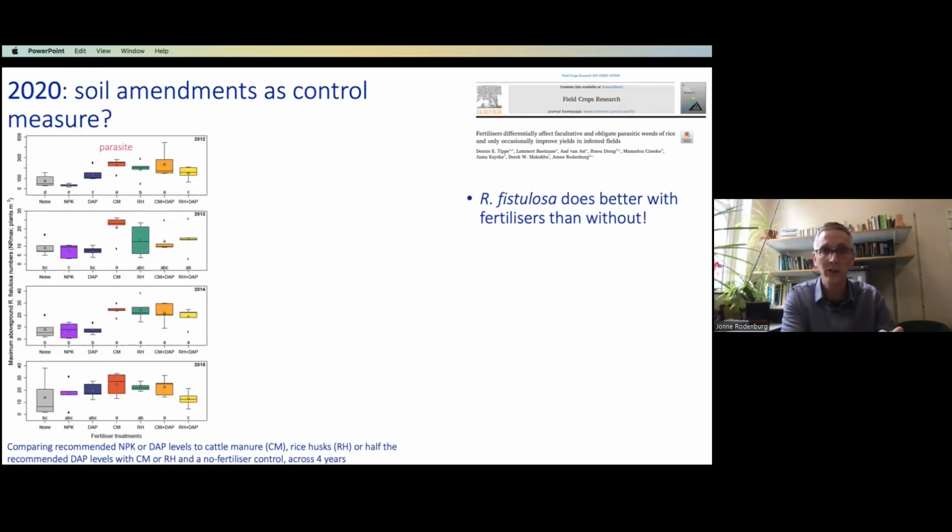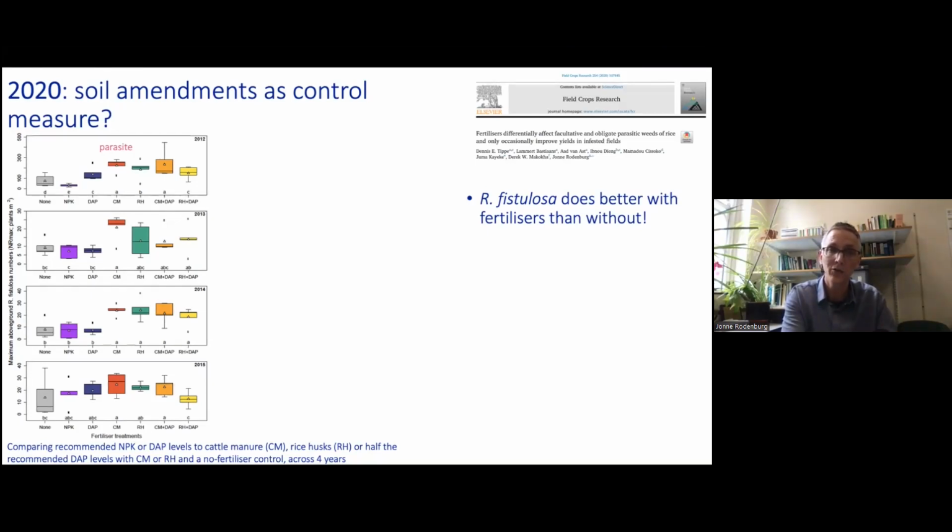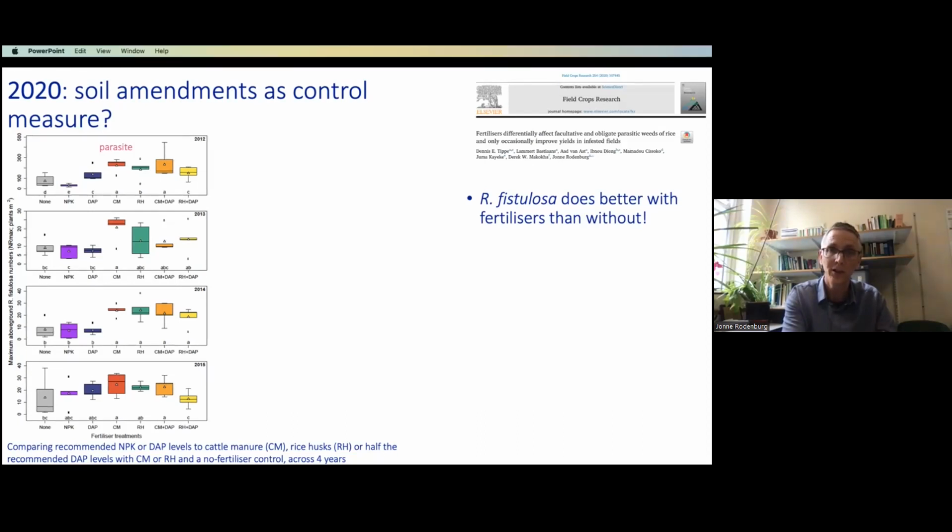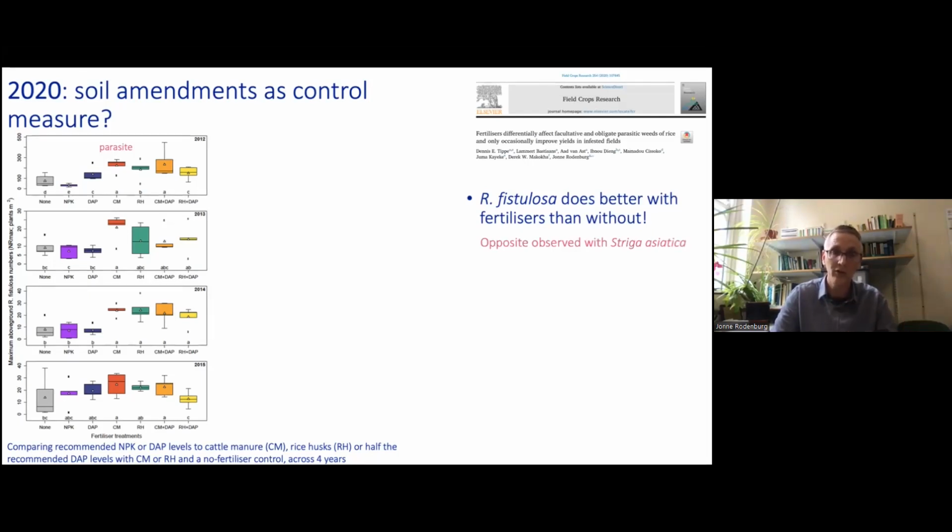And surprisingly, we saw that the Rhamphicarpa fistulosa does quite a bit better when the crop is fertilized than when it is not fertilized. This is the opposite of what you see with Striga asiatica or with any other Striga species. There you really see fertilization is a good control measure.